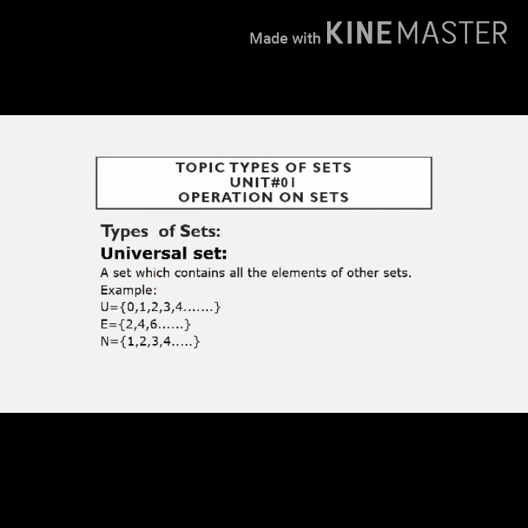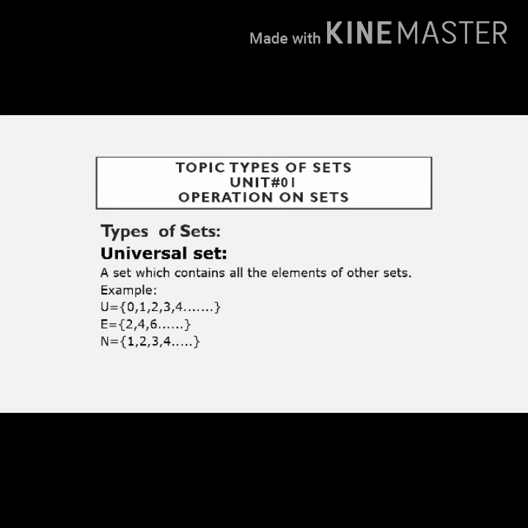Now the next type of set is universal set. A set which contains all the elements of other sets. Now let's understand this kind of set through an example. Here in the example, the first set U is equal to 0, 1, 2, 3, 4 and so on. The second set that is given is E is equal to 2, 4, 6 and so on.